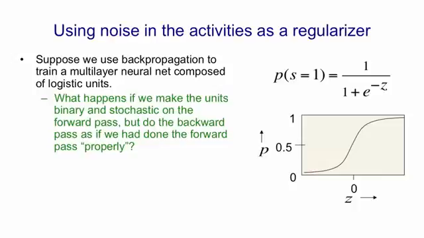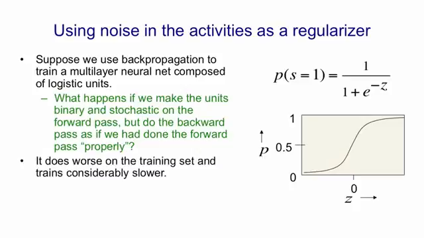That is, we compute the output of the logistic, p, and then we treat that p as the probability of outputting a 1. And in the forward pass you make a random decision whether to output a 1 or a 0 using that probability. But in the backward pass, you use the real value of p for backpropagating derivatives through the hidden unit. This isn't exactly correct, but it's close to being a correct thing to do for the stochastic system if all of the units make small contributions to each unit in the layer above.